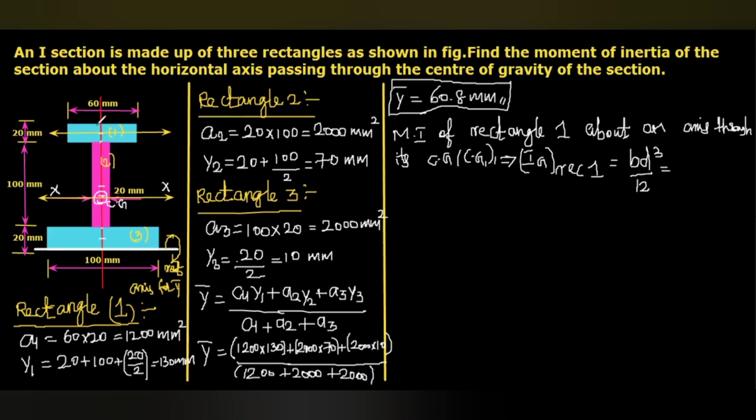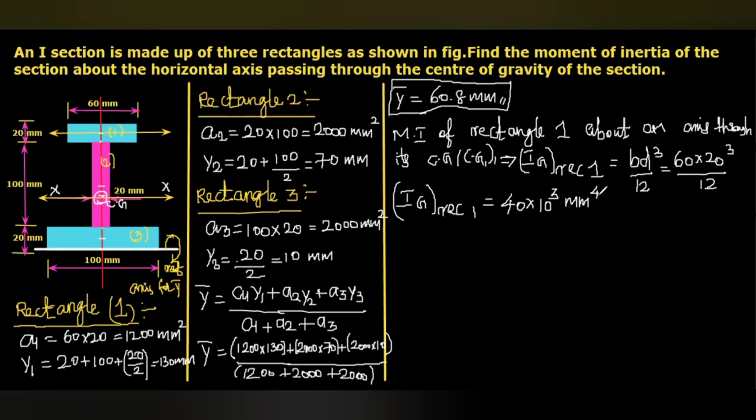Here B for the first rectangle is 60, D will be 20. So 60 multiplied with 20 cube divided by 12. So the IG of the first rectangle, rectangle 1, equals 40 multiplied with 10 power 3 mm power 4.